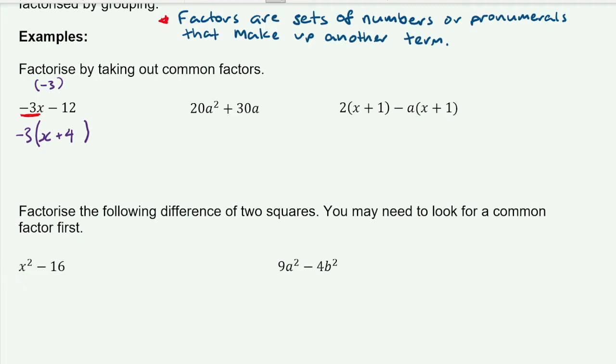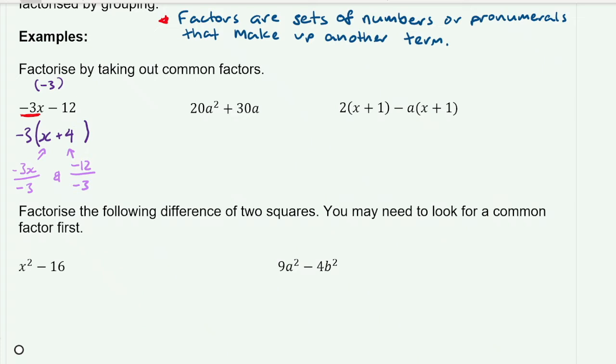So essentially what I'm doing is minus 3x over minus 3 and minus 12 over minus 3. That's what's going to get me these bits and pieces. So we're looking for something that goes into both of the terms to make things a bit easier.